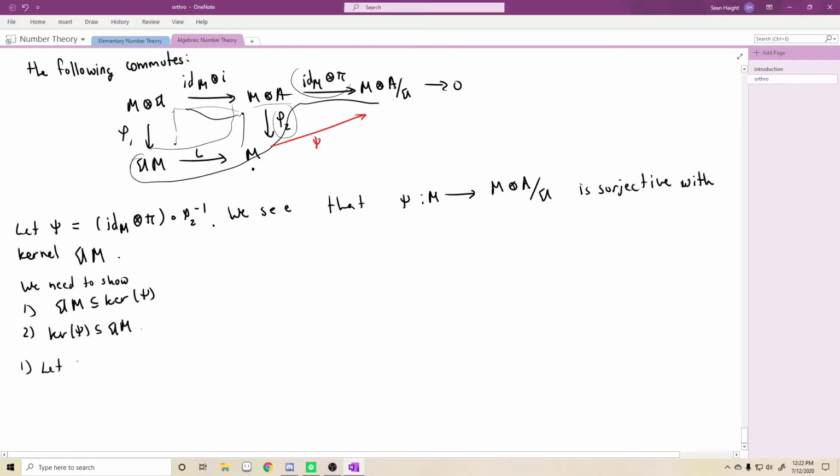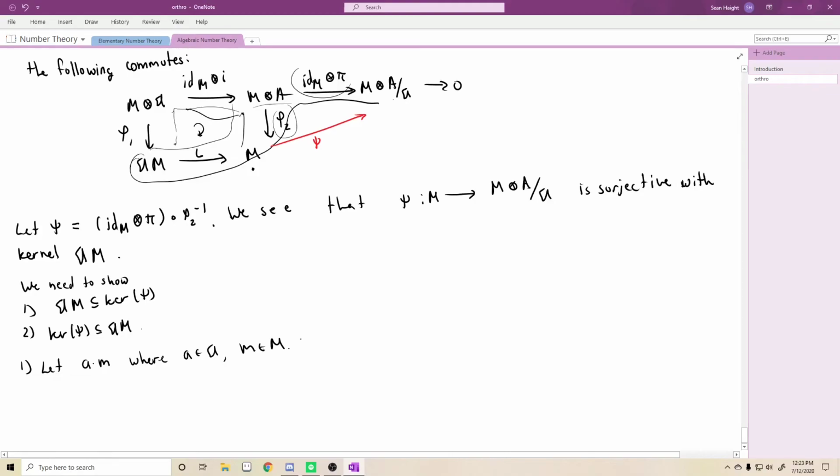I'm going to let, so this module is generated by little a times little m's, where a is in my ideal and m is in the big module. Okay, so I'm starting with a guy here, and I need to show that psi sends it to 0.